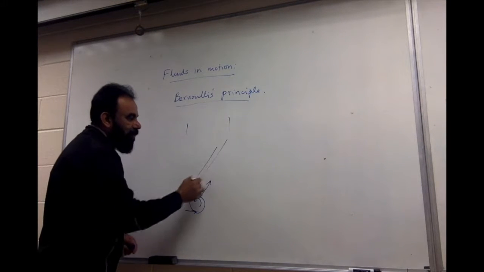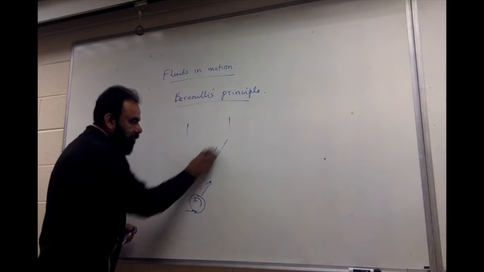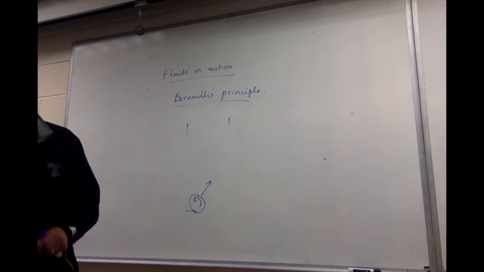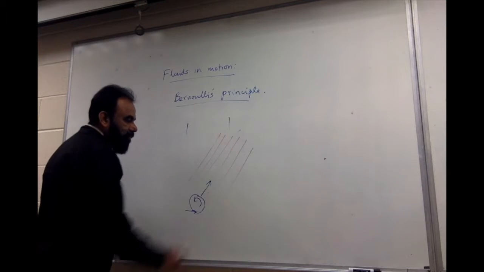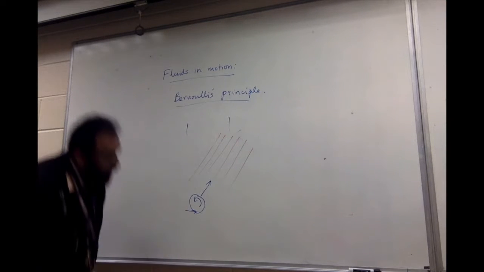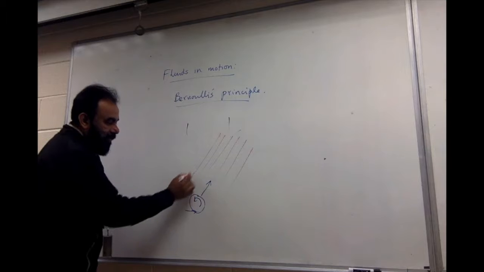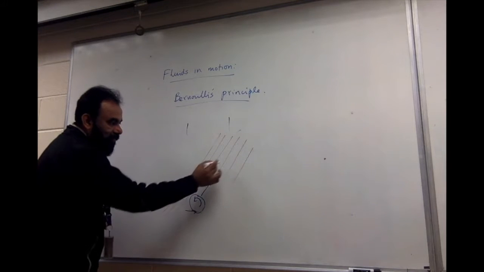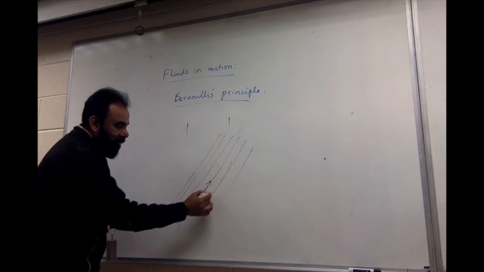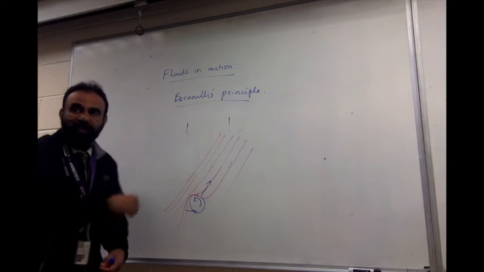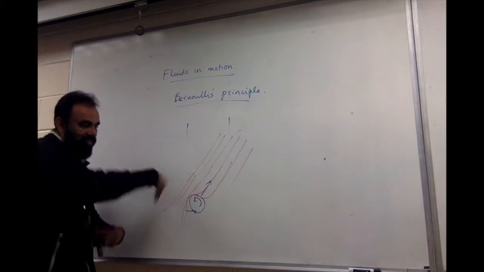So look at the air coming from there now. Let's look what happens to the air coming from here. So what happens to this air? Look, this air will be drifted that way, because since the ball is spinning, it collects the air and sends it one way.